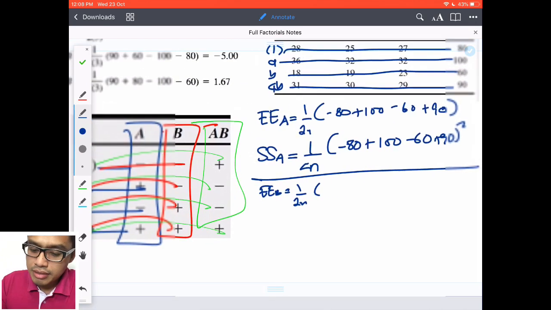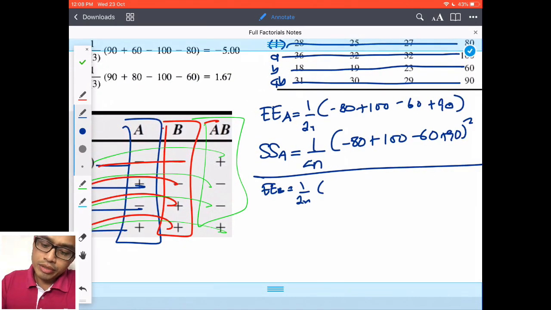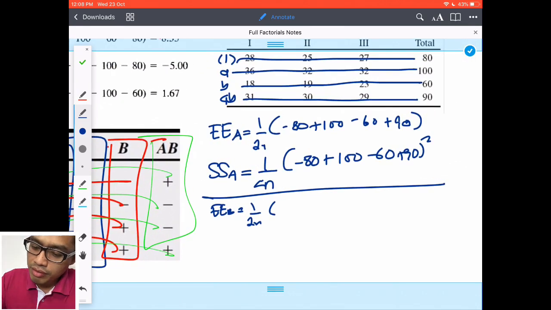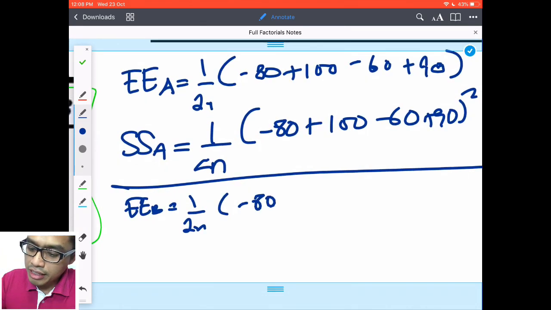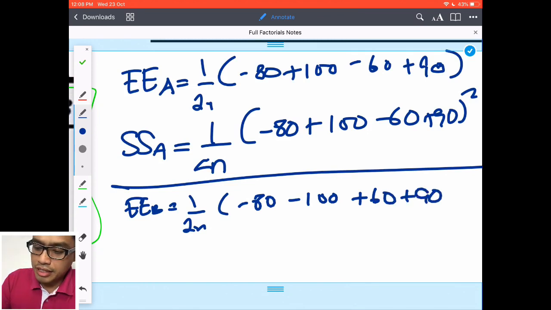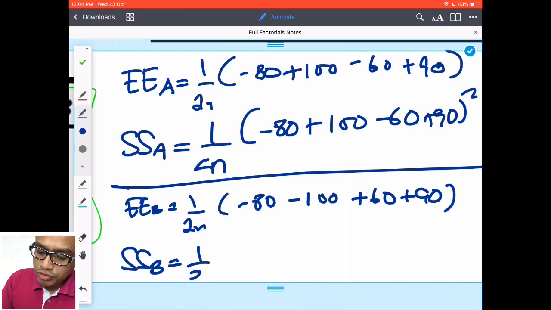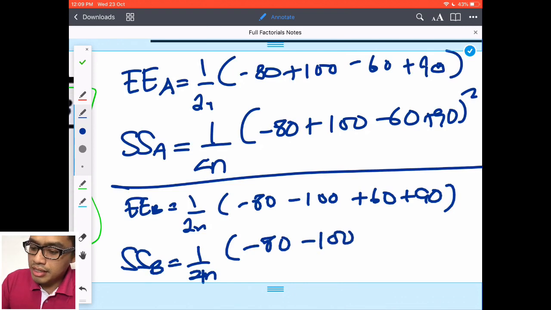For B the signs are negative, negative, positive, positive. Negative 80, negative 100, positive 60, positive 90. SSB is 1 over 4n, negative 80, negative 100, 60, 90, squared.